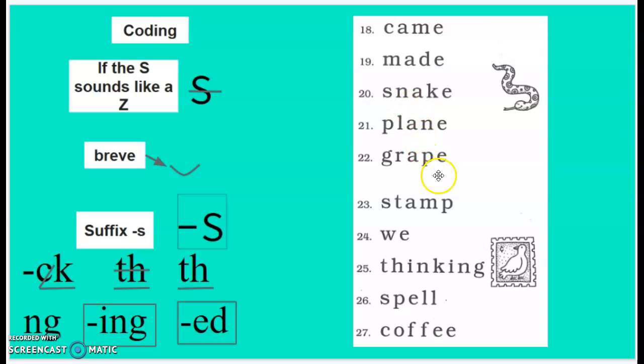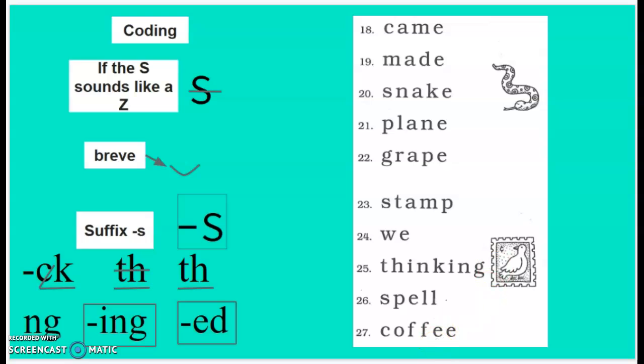Which word says snake? Snake. Yes, number 20. Draw a line from number 20 to the picture. And look at 23 through 27. Stamp. Right. Draw a line from number 23 to the picture of the stamp.